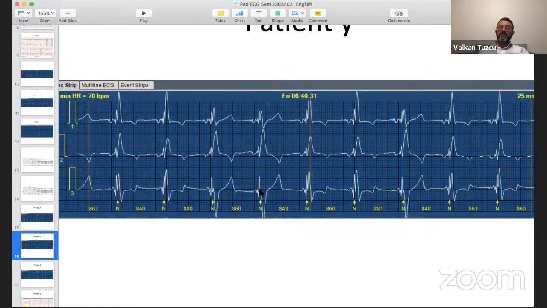Maybe you need to increase your capture threshold. But it may also indicate intermittent lead fracture, partial lead fracture, which may show up like this. So your pace check may completely show normal findings, normal impedance, normal threshold, but you may capture these things in Holter. This is why I routinely do Holters in my pacemaker patients, pretty much once a year, sometimes every other year.